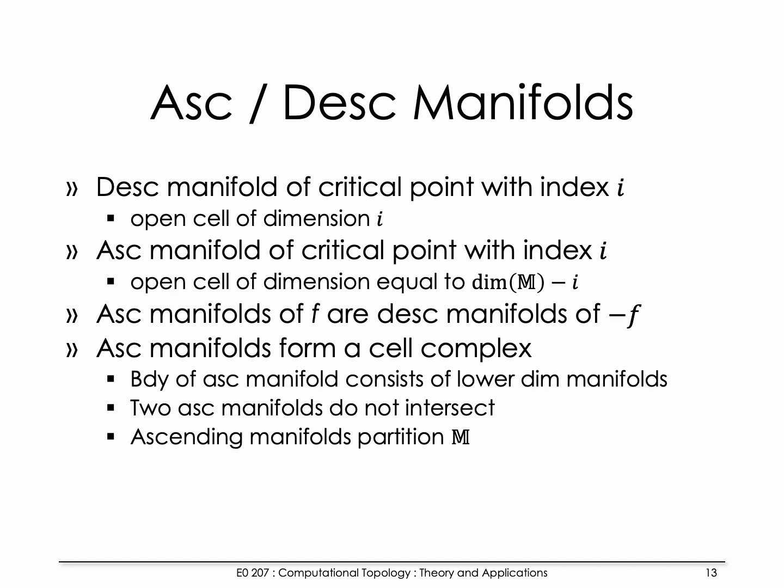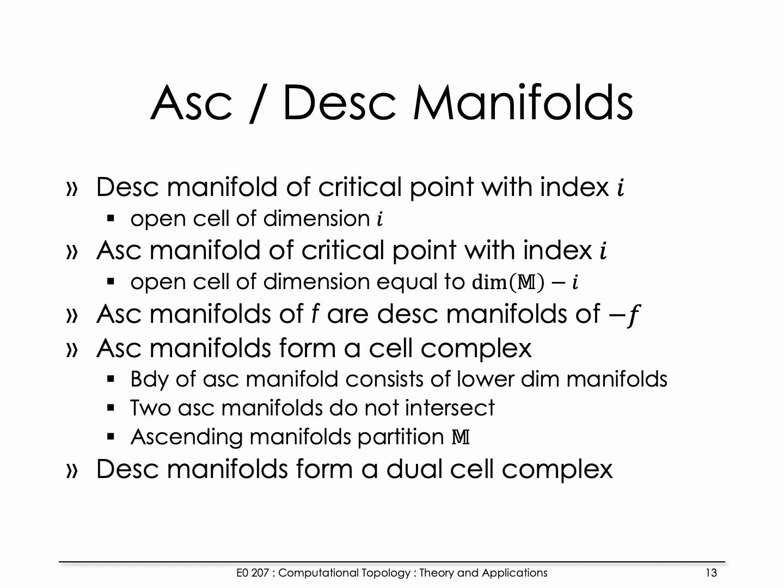The boundary of an ascending manifold, we already saw, consists of lower dimensional manifolds. We know that two manifolds do not intersect because two integral lines do not intersect. And since the integral lines also cover all the regular points, the critical points are all the boundary points. So we know that the ascending manifolds together partition the entire manifold M.